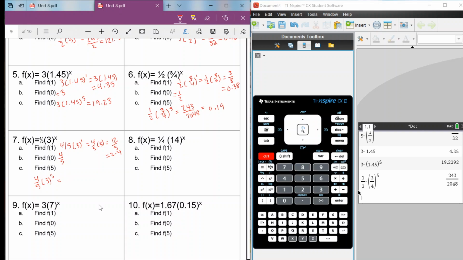So we have 4 over 5 times 3 to the 5th power. We're going to plug that into our calculator. 4 over 5, parentheses, 3 to the 5th power is 972 divided by 5, or in decimal form, that would be 194.4.